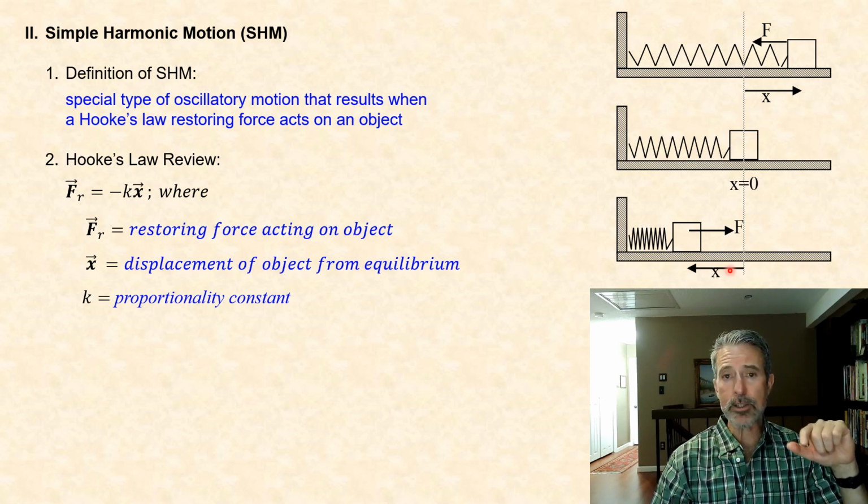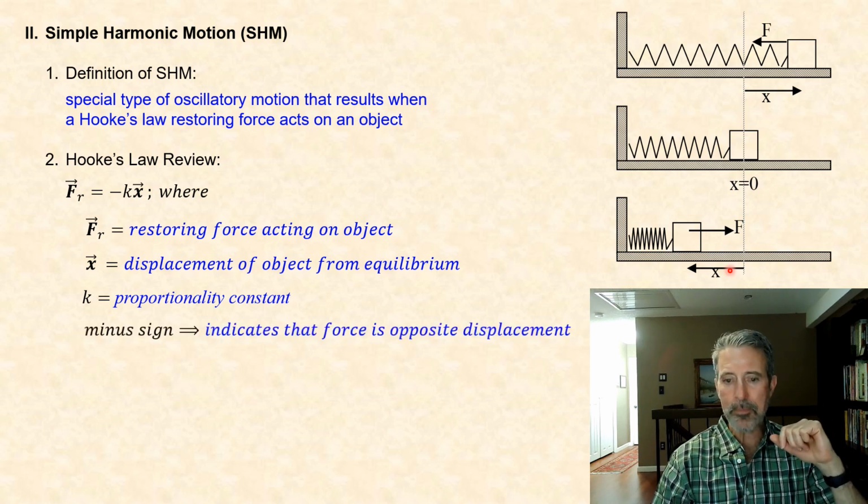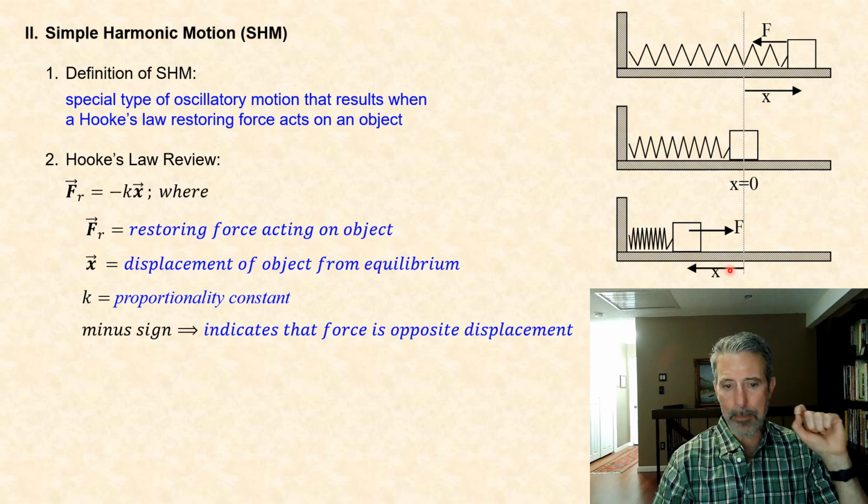In the case of the mass on the spring, we very often call it a spring constant, which would give us a measure of the stiffness of the spring. So a big value for k would represent a spring that is very stiff. A small value for k would represent a spring that is much more flexible. And of course, the minus sign indicates that the force is opposite the displacement.